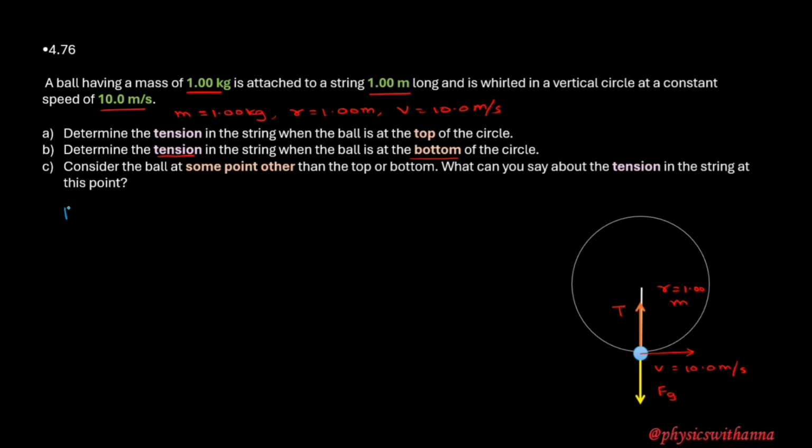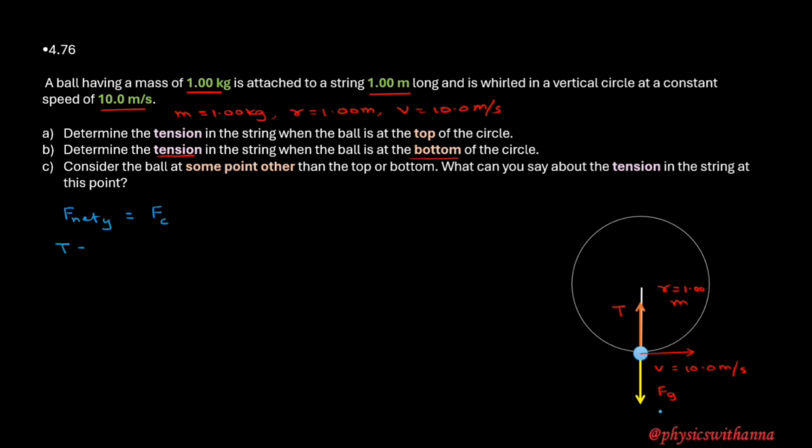So I can write that the net force along the y-axis gives the ball the required centripetal force Fc that will keep it along the circular path. F net y we can write as T minus Fg, because T is pointing towards the center of the circle, which is in the upward direction in this position, so T will be positive.